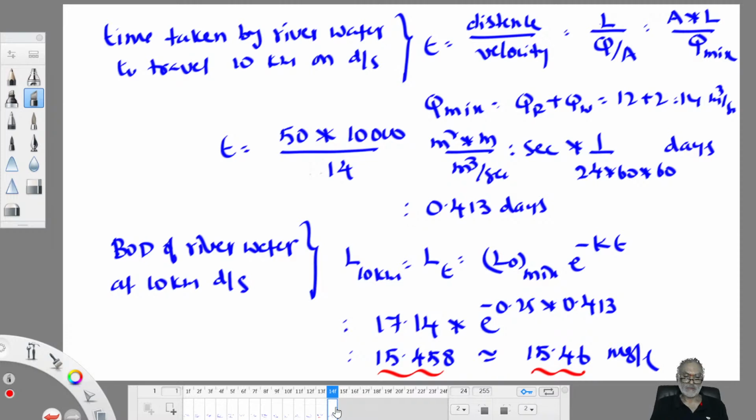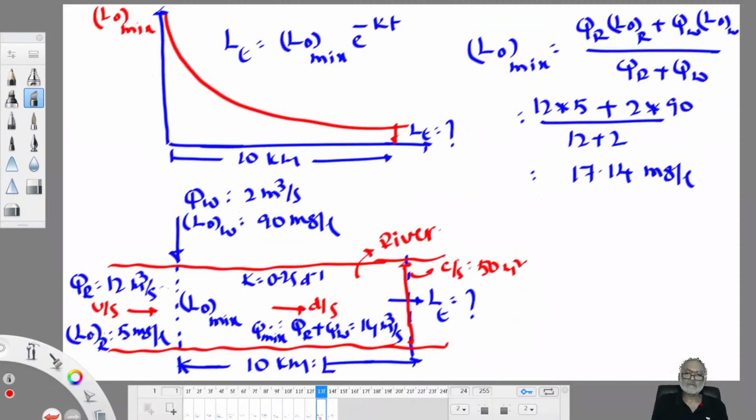Let me find out. Meanwhile, you go through this solution, okay?